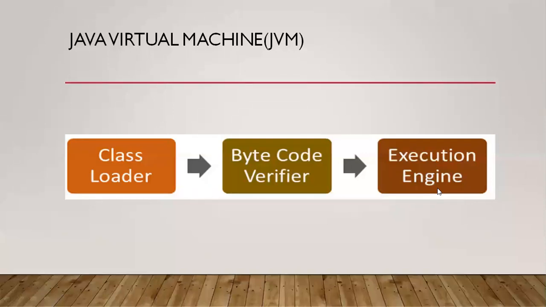The interpreter and compiler work together and produce the machine code output. Because they work together, the performance of Java will be higher compared to other programming languages. Clear?